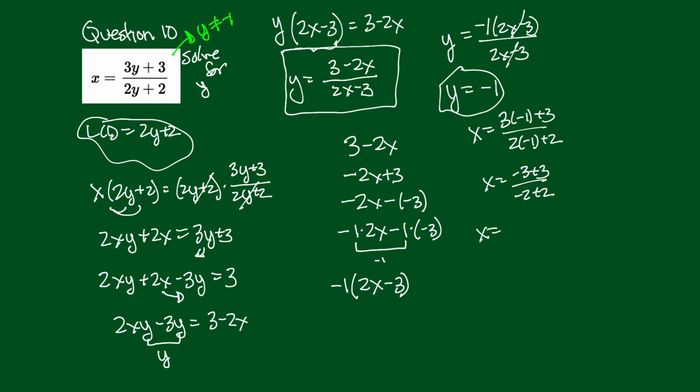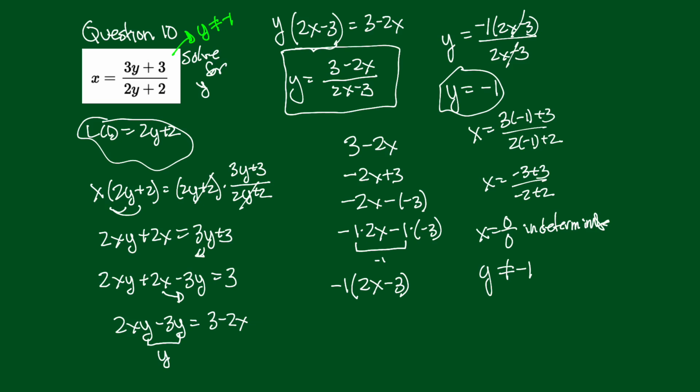You get x equals 0 over 0, which we call indeterminate, which does not define any real number. So clearly, y cannot be negative 1. But that's the only restriction. So y can't be negative 1.